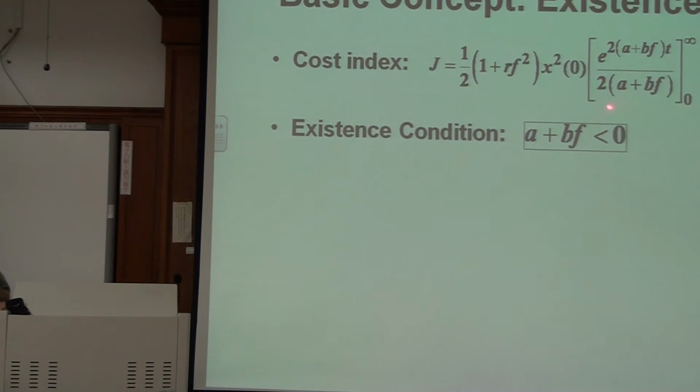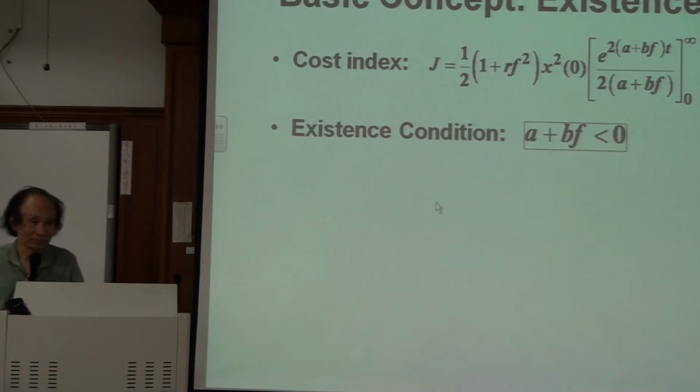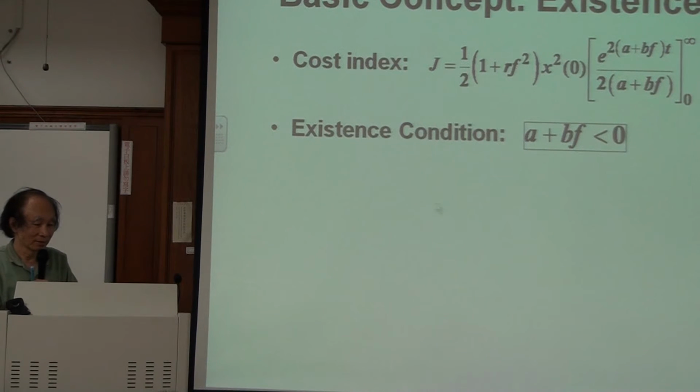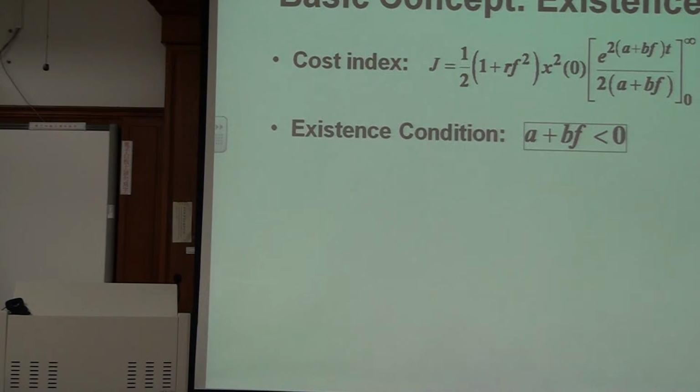No, because if it equals 0, then it goes to infinity too. So it has to be less than 0. Let's look at this. You have to be careful here. That existence condition is the key for the cost index to exist.